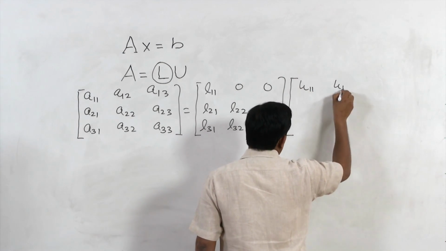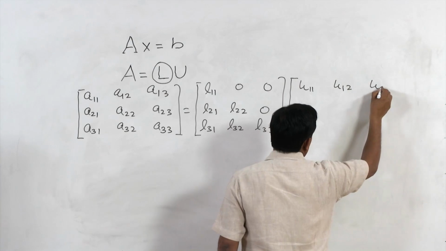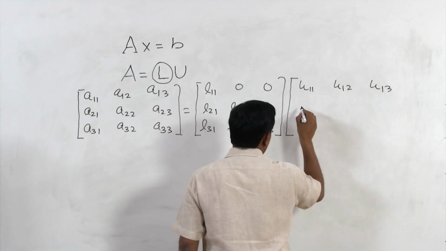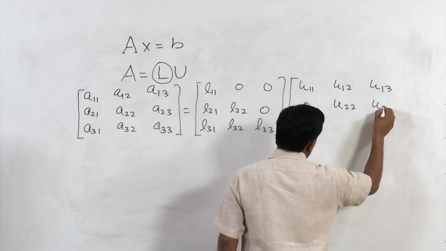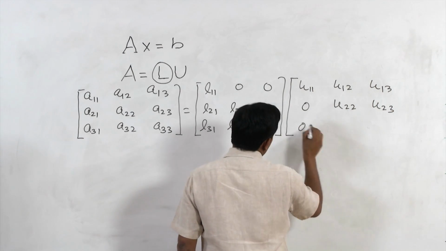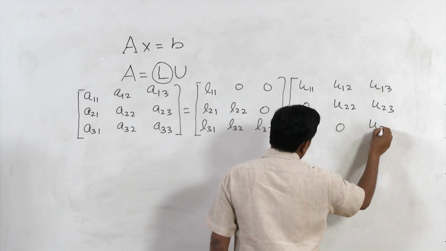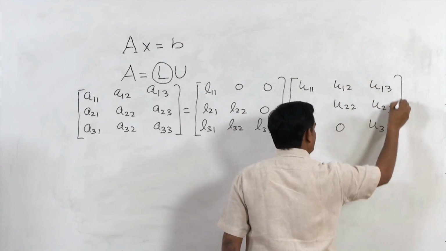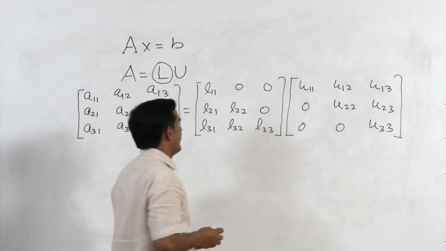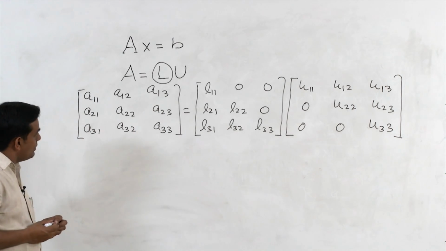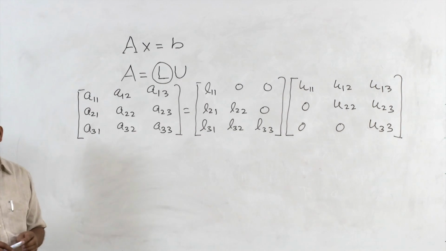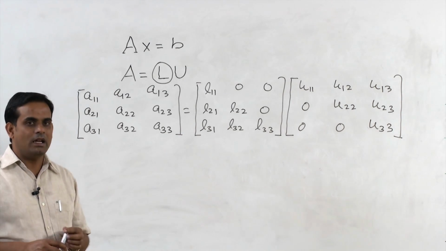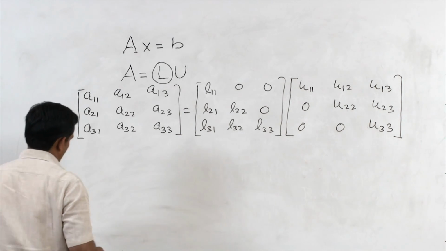U11, U12, U13, 0, U22, U23, 0, 0, U33. Now, if we look at the left hand side, we are having total 9 entries. These 9 entries are known to us.